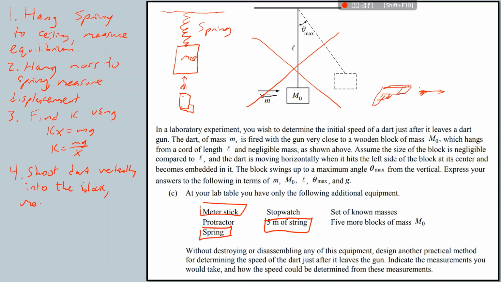Okay, measure displacement with the meter stick. I should have mentioned that for all of these. So we're going to see how far the spring is compressed.